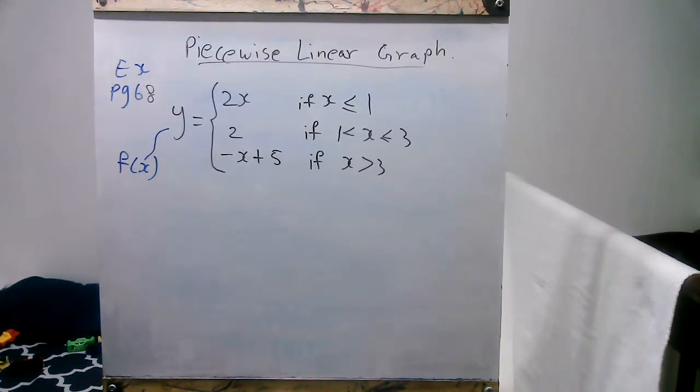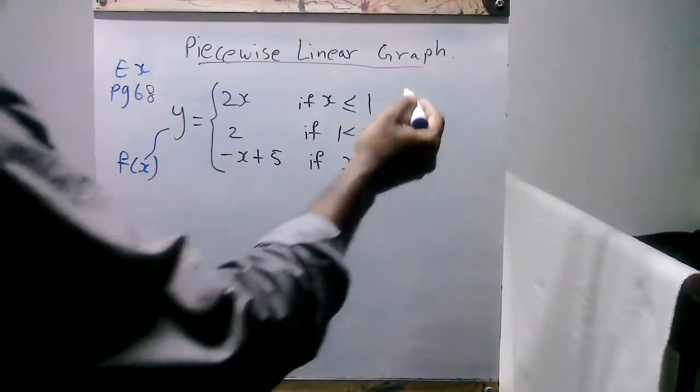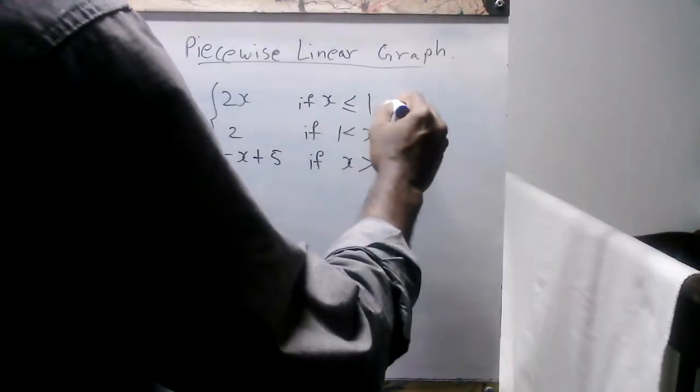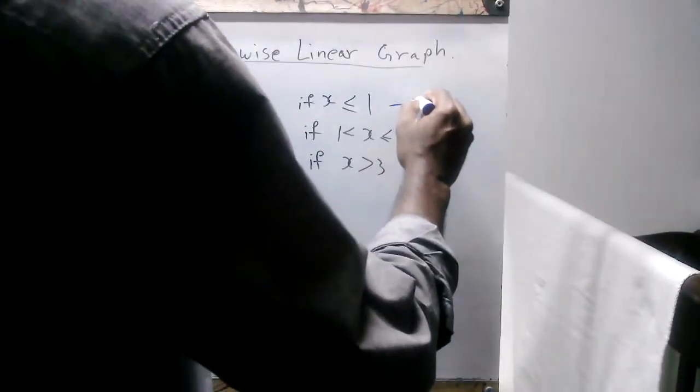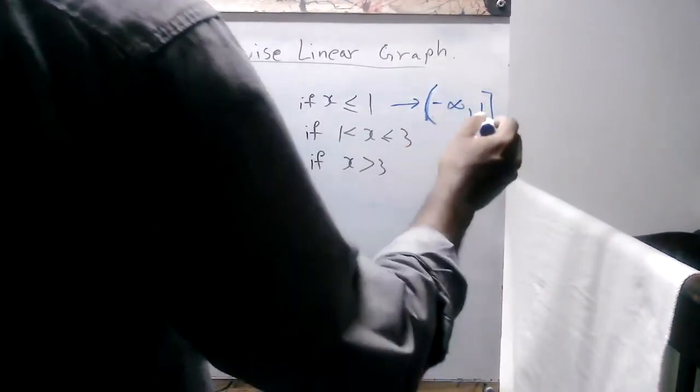Now again, these regions: x less than 1, you don't have to write this in interval notation, but if you write it, this is the same as negative infinity to 1, on this side parentheses, on this side bracket.